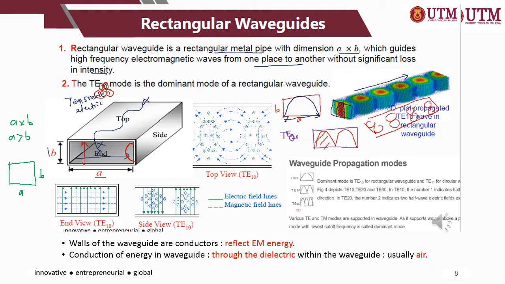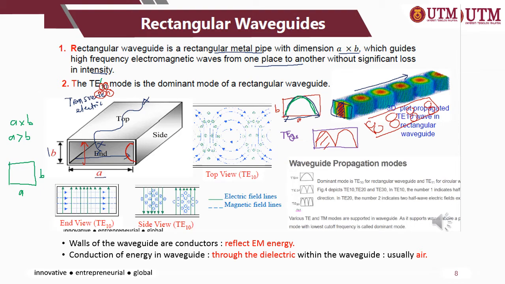So the dominant mode will be TE10, which shows a transverse electric mode, in which the 1 represents only one half wavelength across the width of the structure.